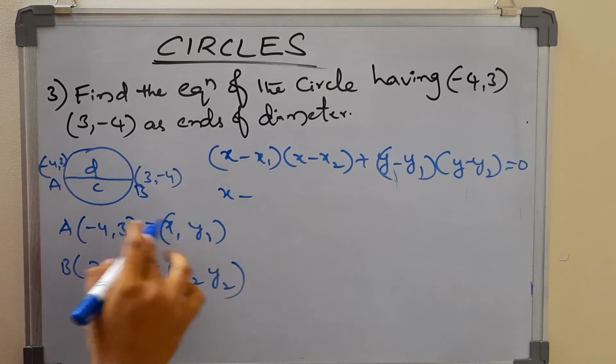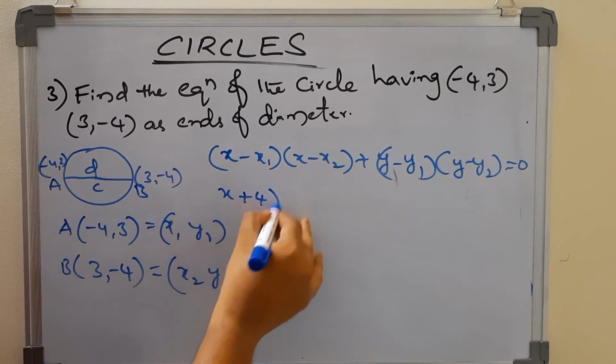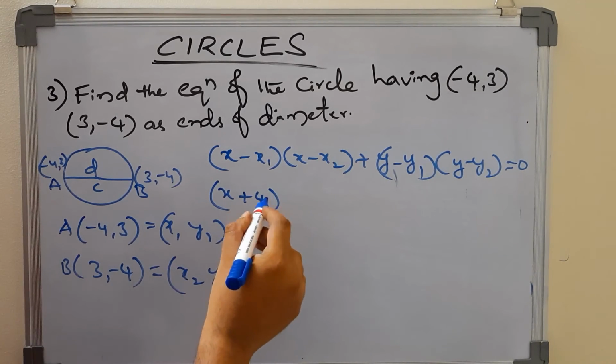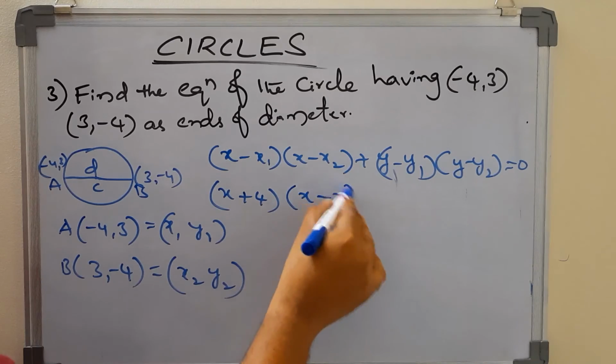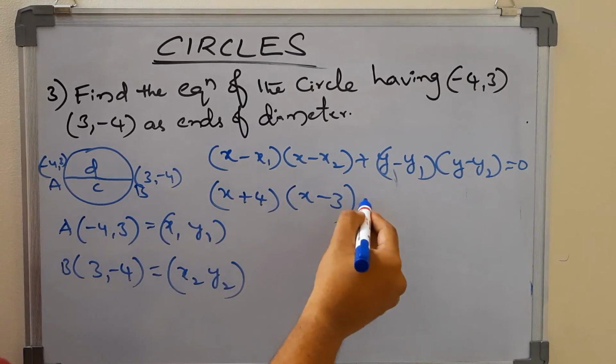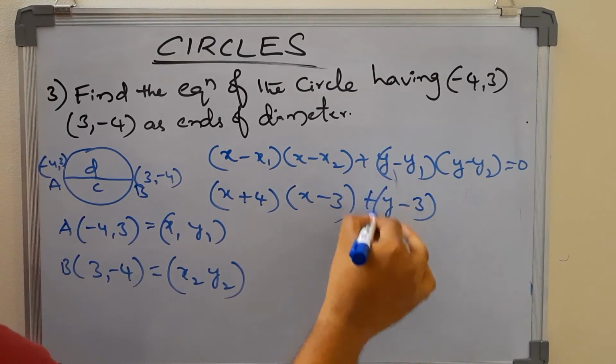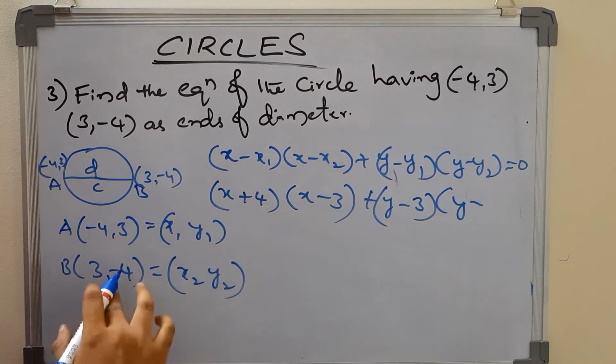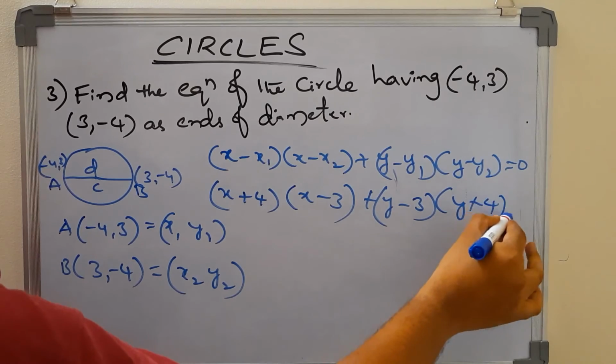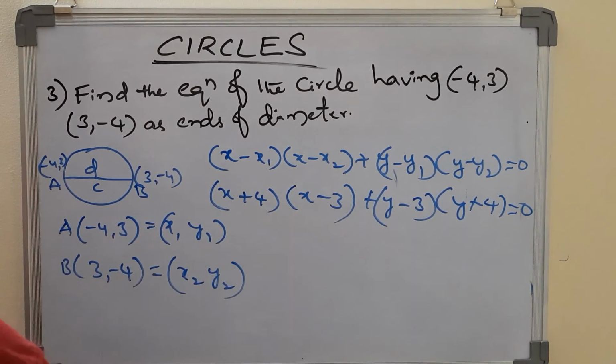x minus x1, the x1 value is minus 4, that means x plus 4. Next x minus 3, the x2 value is 3, plus y minus y1, the y1 value is 3, and y minus y2, the y2 value is minus 4, that means it will become plus 4, is equals to 0.